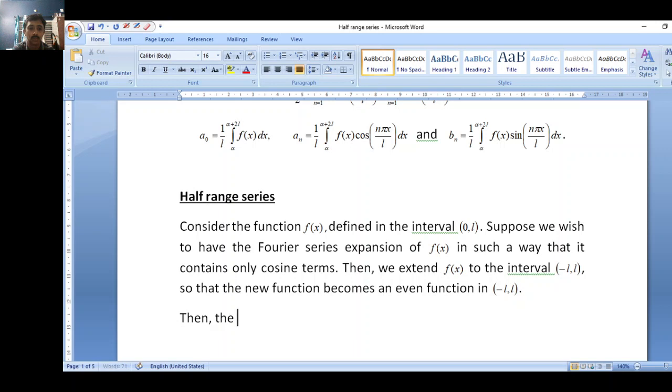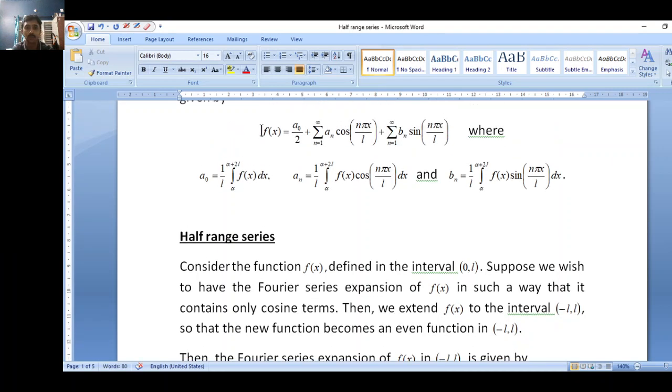Then the Fourier series expansion of f of x in minus l comma l. Yeah, so now the actual interval that is given is 0 comma l, and that is where f of x is defined. But now if we try expanding this function f of x in minus l comma l, what will happen to the expansion of the given function?